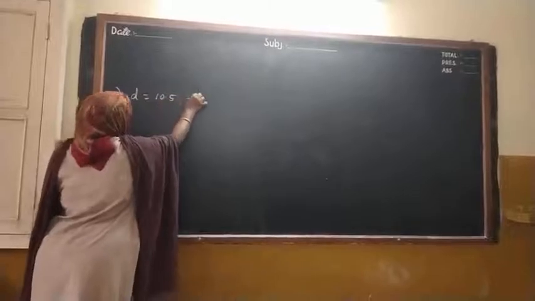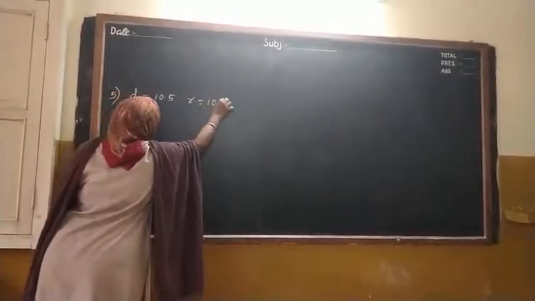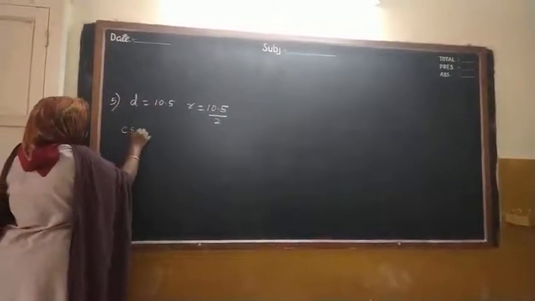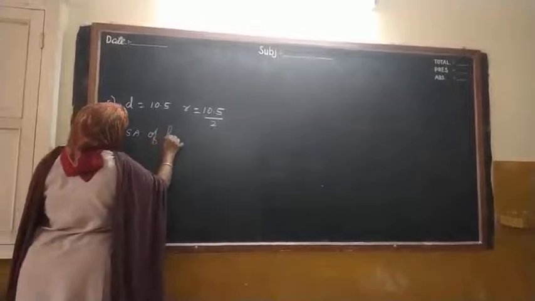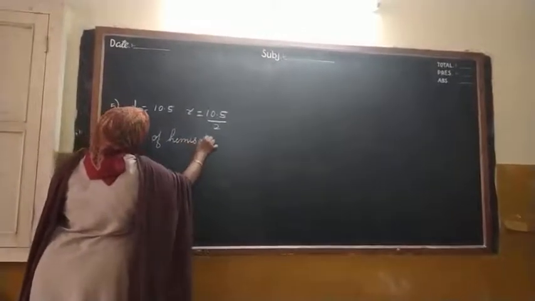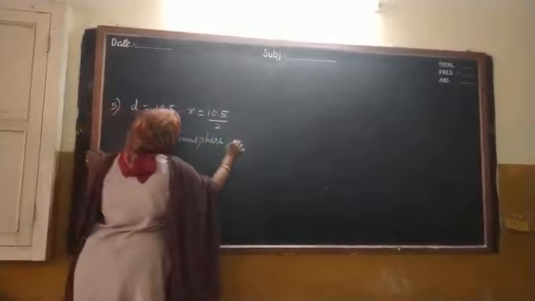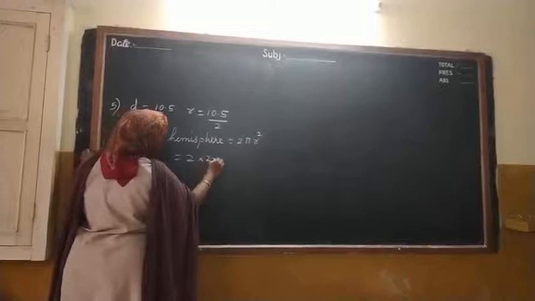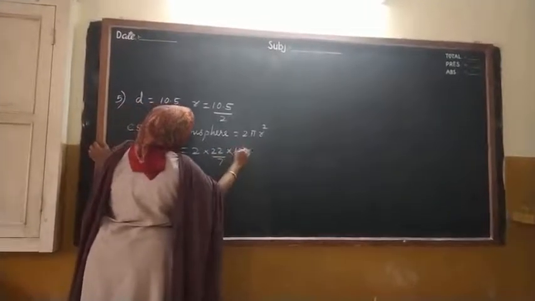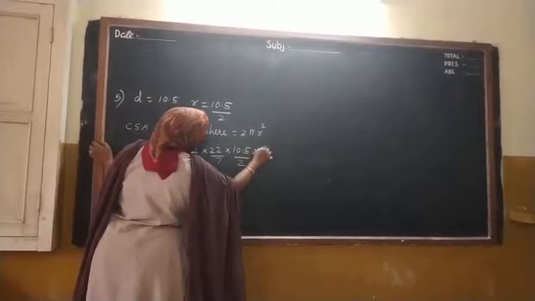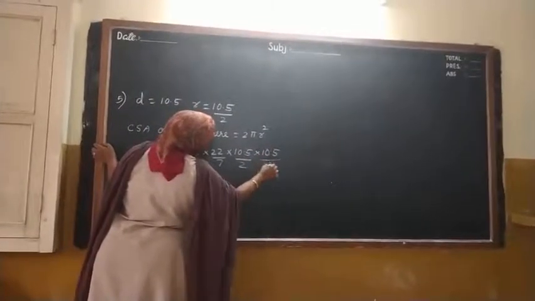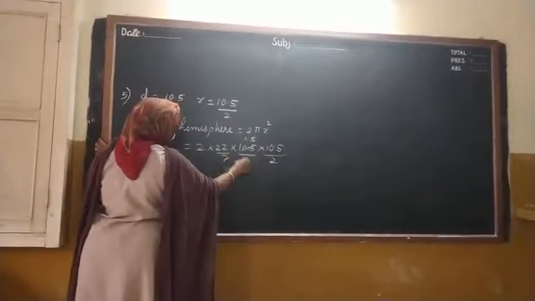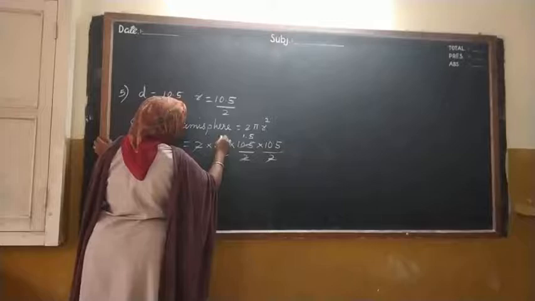So the radius you can take as 10.5 divided by 2. So total surface area of the hemisphere is equal to 2 pi r square. So 2 into 22 by 7 into 10.5 by 2, again 10.5 by 2, so it will be 1.5. 2 you can cancel here.